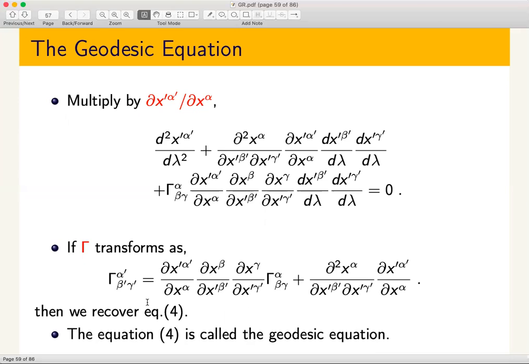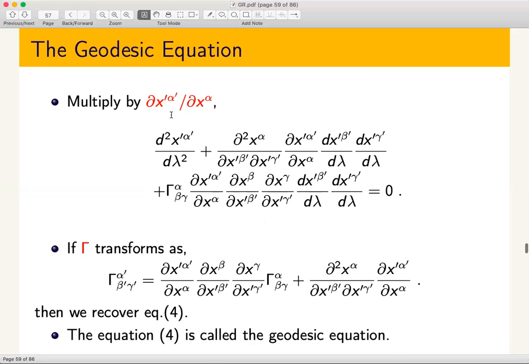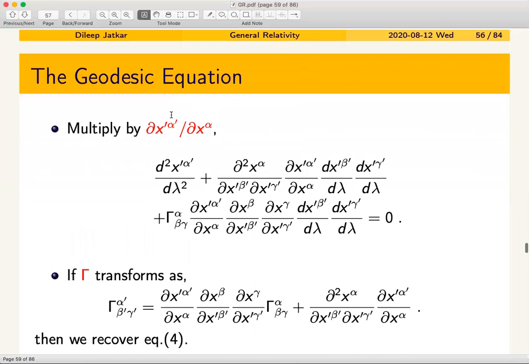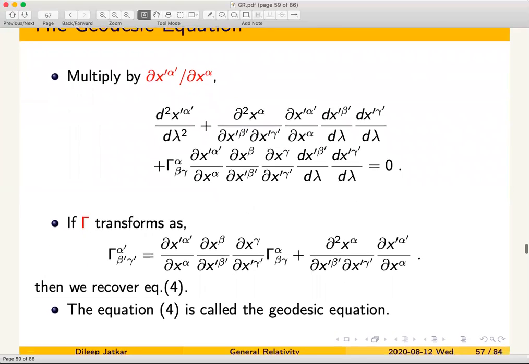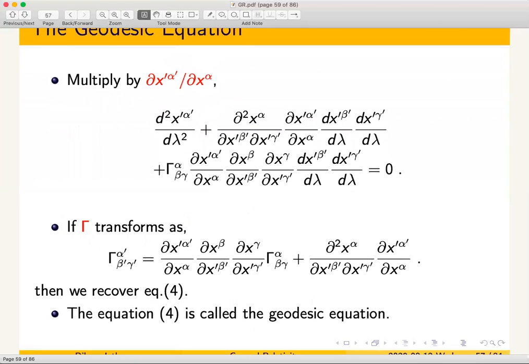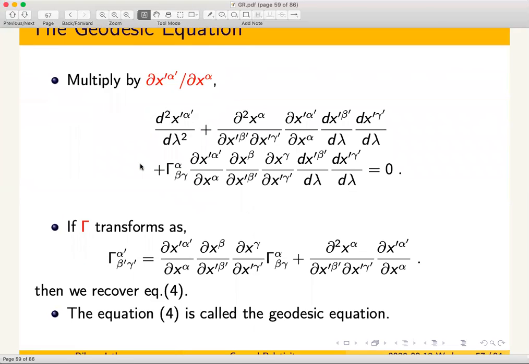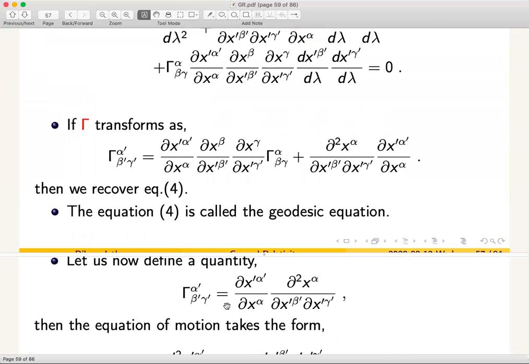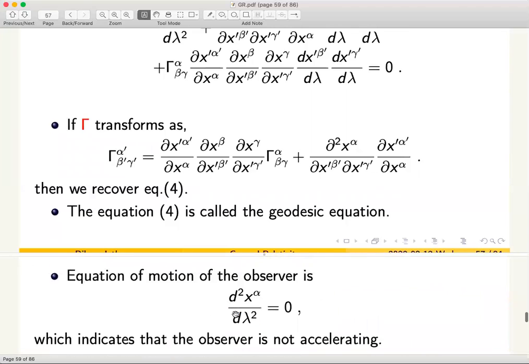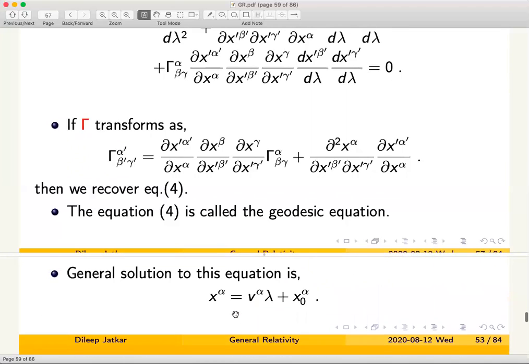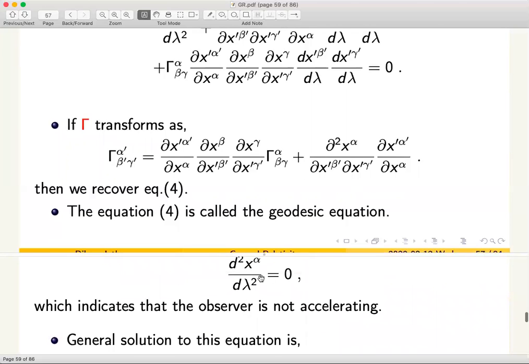Now of course if you do coordinate transformations which are at most linear, I'll do the following thing. Remember, if you looked at a solution of this kind, it tells you that a free particle behaves this way.